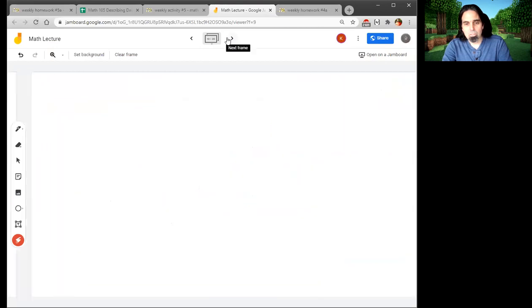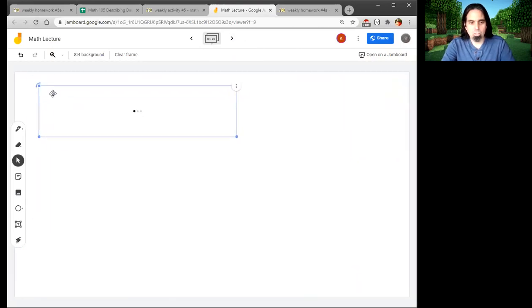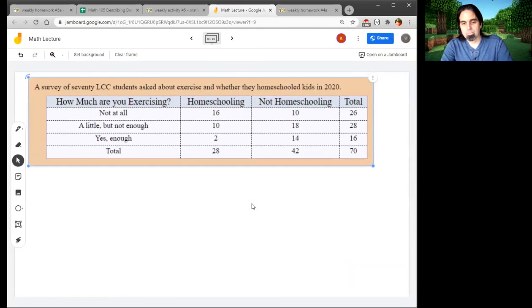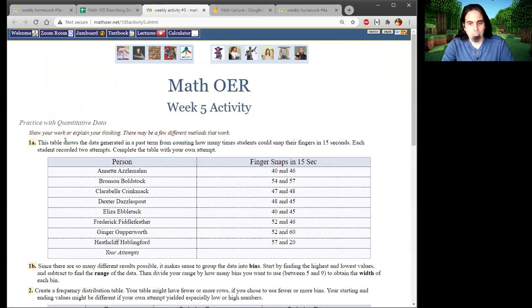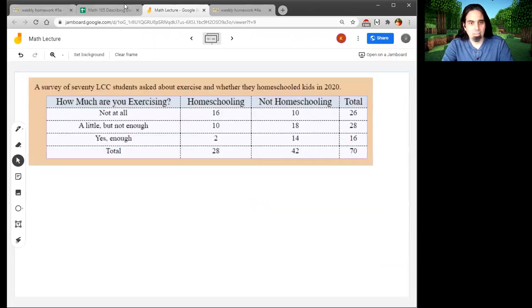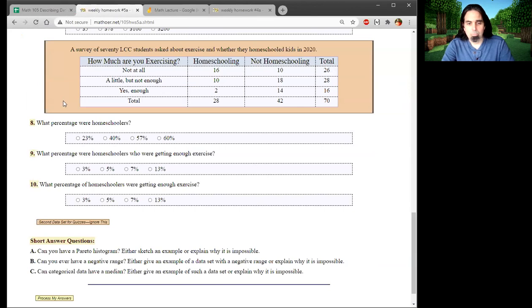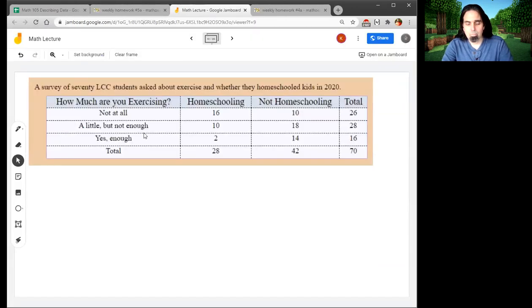And I'm going to steal the same homework chart, but with different questions. So we could ask, what percent are homeschoolers? And we have to look at this chart and say, what's going on?